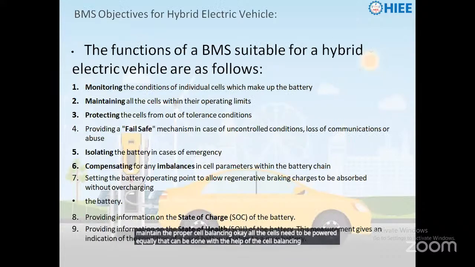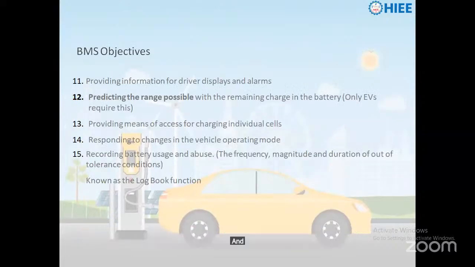Then to wind it up, in the electric vehicle, the battery management system works on monitoring, maintaining, protecting, isolating, compensating, and balancing the parameters, and providing information regarding state of charge, state of health, and providing the range possibilities. It is also responsible to provide the driver display alarms and all.